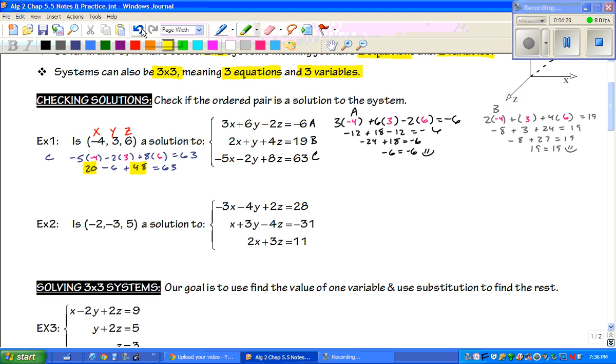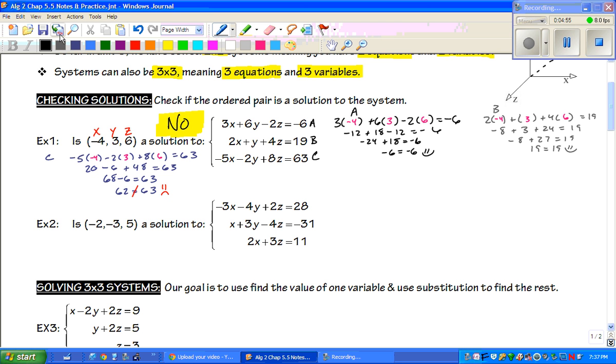I'm combining the positives first, which gives me 68 minus 6 equals 63, which gives us 62. Ooh. So sad. Okay, so is that a solution? The answer is no, because it didn't meet all three of those.